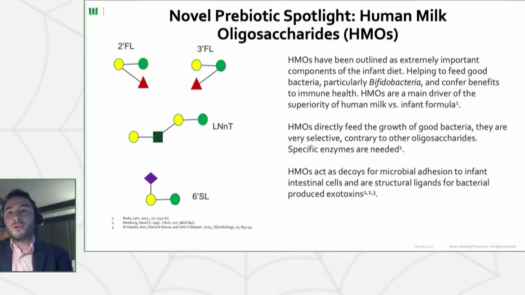A novel prebiotic compound that's been touted a number of times through this talk already are these human milk oligosaccharides. The most prevalent human milk oligosaccharide, first identified in human milk, is 2-fucosyllactose, and these have been outlined as important components of an infant diet as part of breast milk. It's what drives a lot of the prebiotic generation in infants, so driving the growth of bifidobacteria.